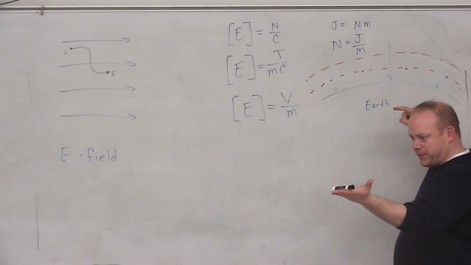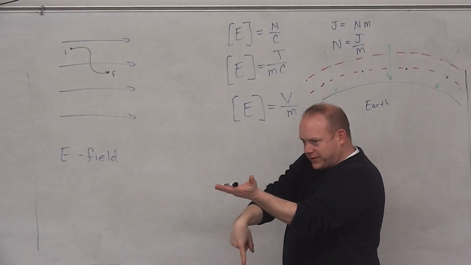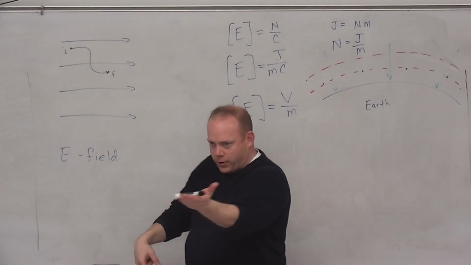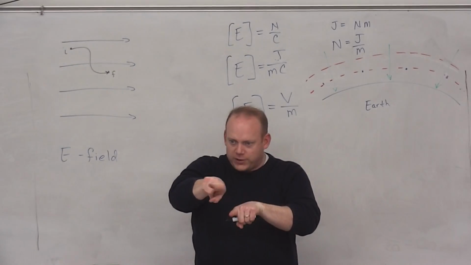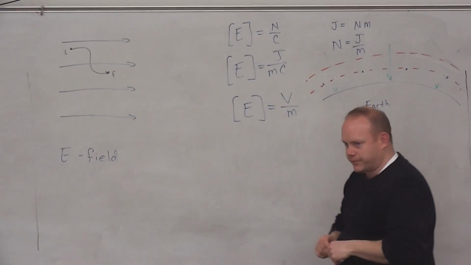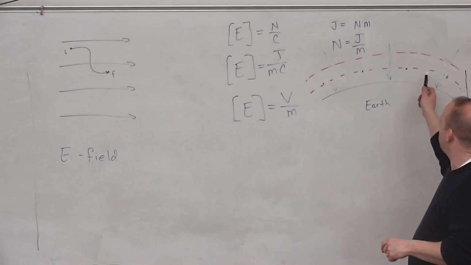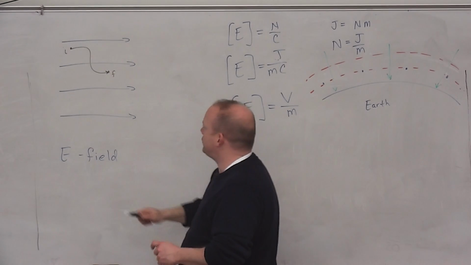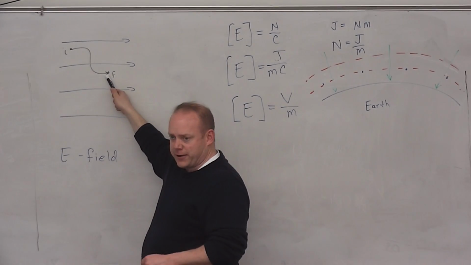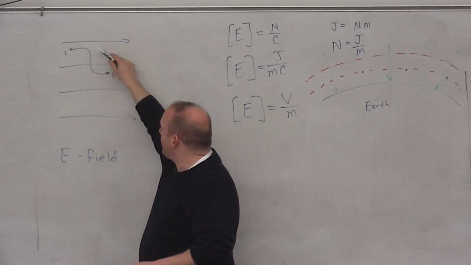If I hold this pen up here like this, gravity points down. I move anywhere along this horizontal surface, and the direction of motion is always perpendicular to the gravitational field. So I do no work anywhere along this equipotential surface.